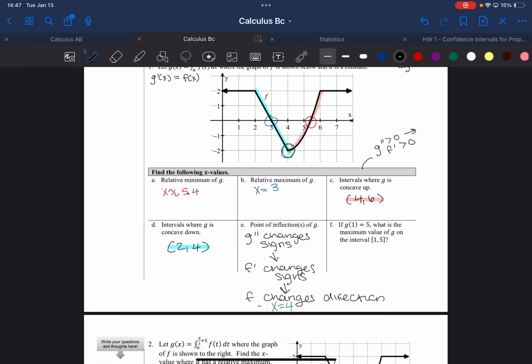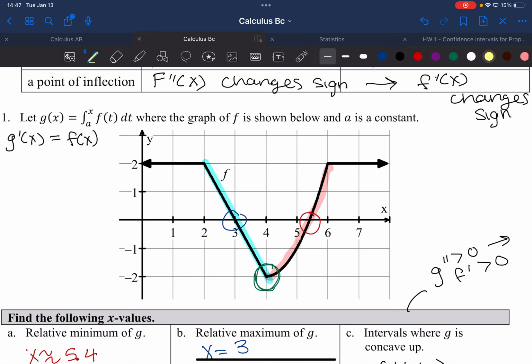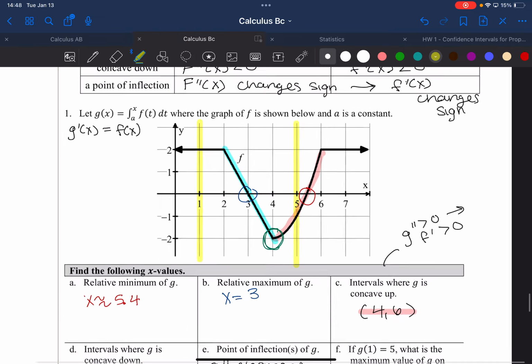Okay. So then F says if g of 1 is equal to 5, what is the maximum value of g on the interval from 1 to 5? So first I'm going to look at the interval from 1 to 5. Okay, so I'm looking from here to here. Okay.